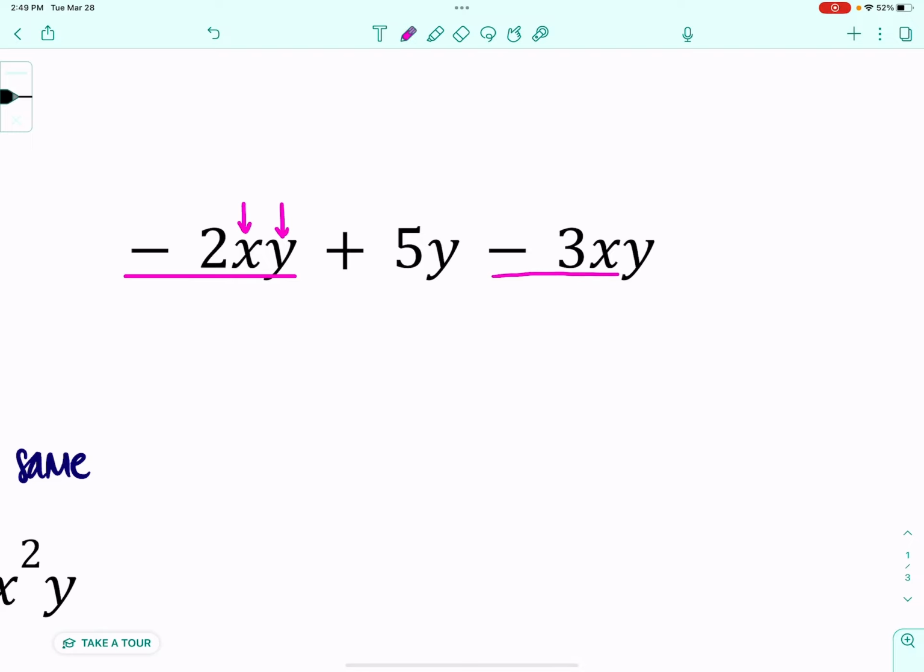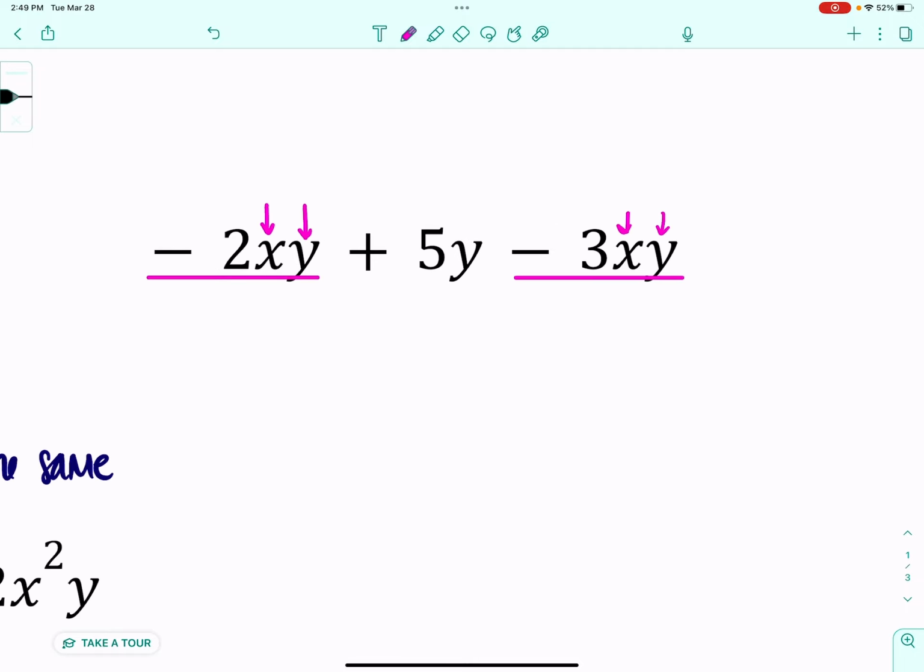If I go look at my third term, I have a plain x and I have a plain y. That's all I needed to be able to combine my like terms. So I combine the coefficients. That means I do negative 2 minus 3, and I keep the variables and their exponents the same.